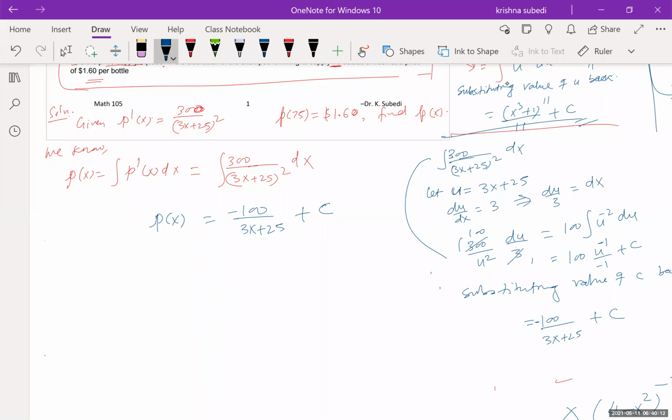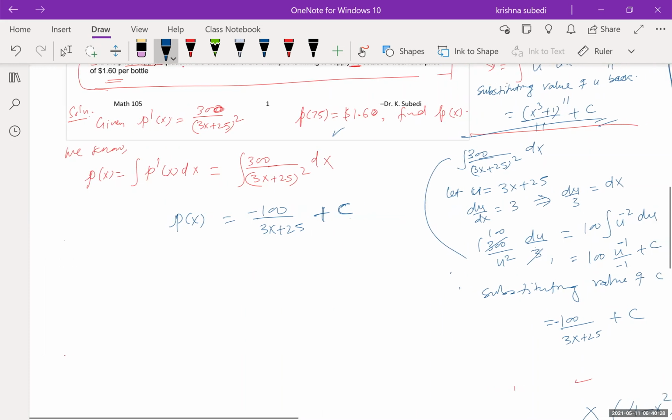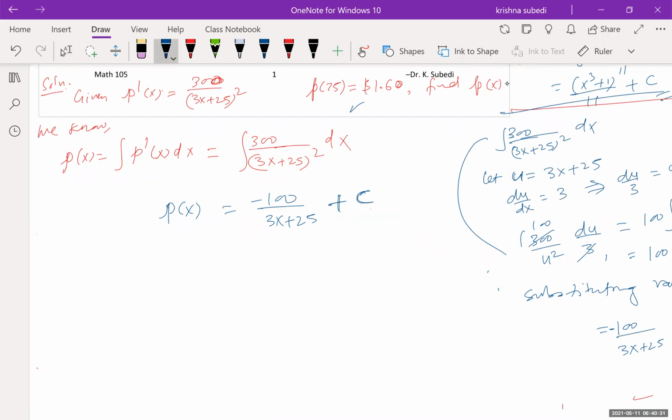So we found the price function, which is negative 100 divided by 3x plus 25 plus c. Now we need to find the value of c. In order to find the value of c, the initial value condition must be given. And the good news is, yes, it is given, as you can see here. What is given is P of 75 equals 1.60.